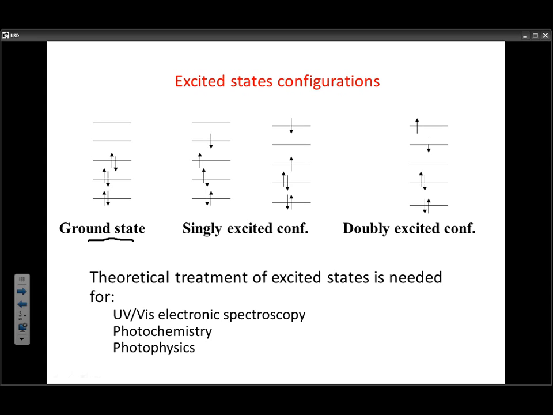This one is where one electron is excited from HOMO to LUMO. And this one is excited from HOMO to LUMO plus 1. If two electrons are excited, it corresponds to a doubly excited configuration.